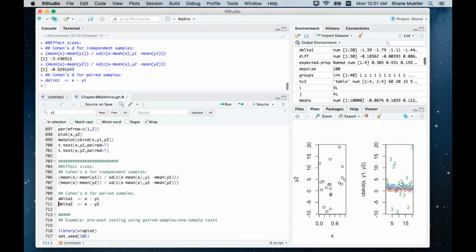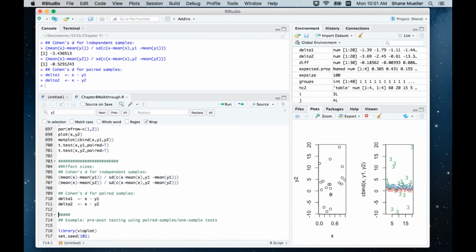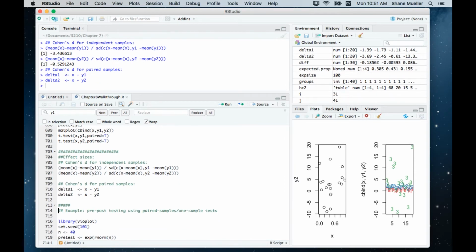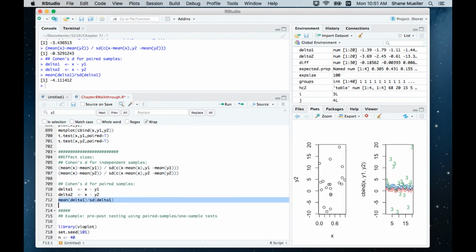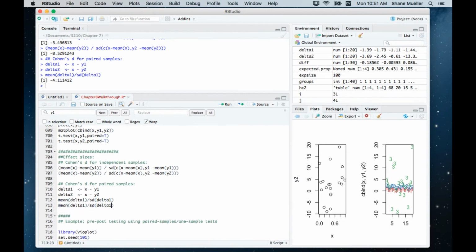You just compute all of the differences, and you can do the mean of delta 1 over the standard deviation of delta 1. And here the effect size is negative 0.41. And then the mean of delta 2 over the standard deviation of delta 2.